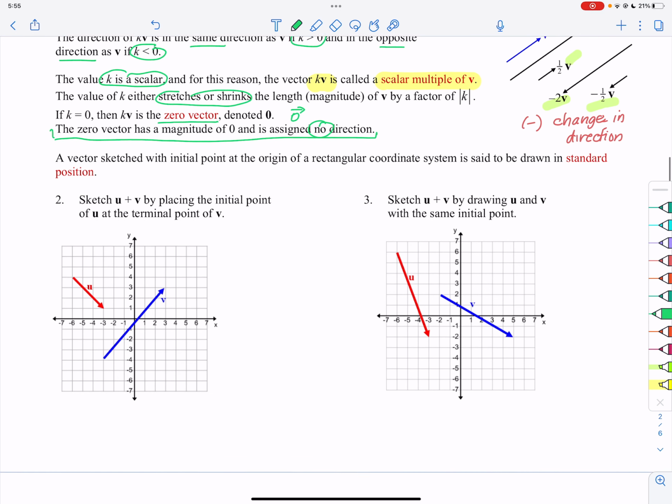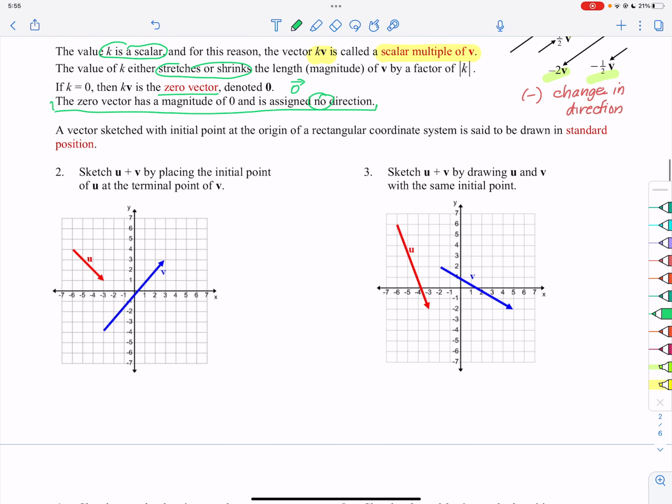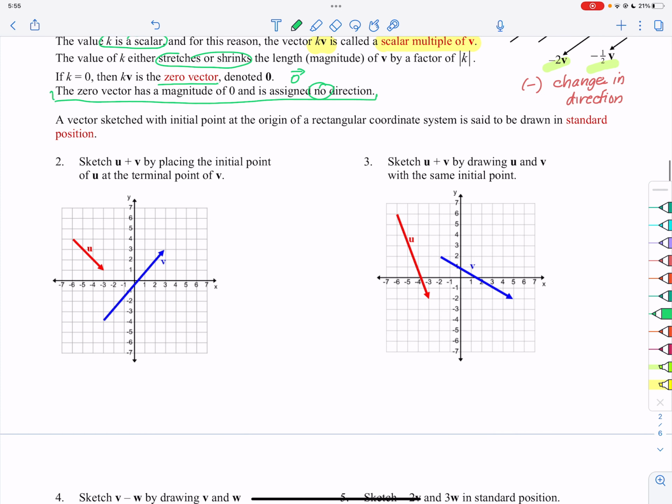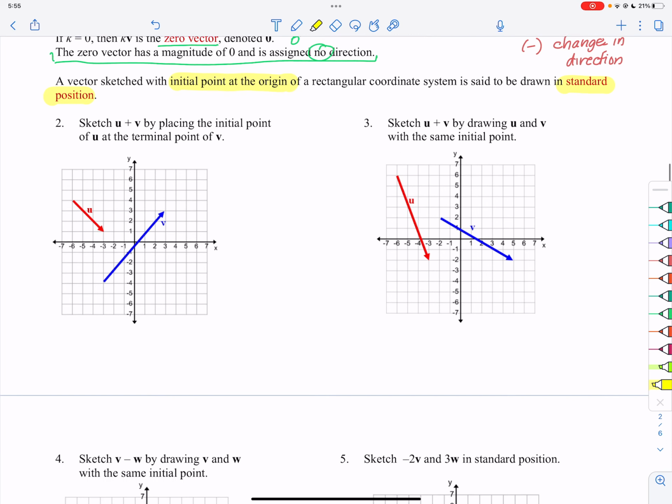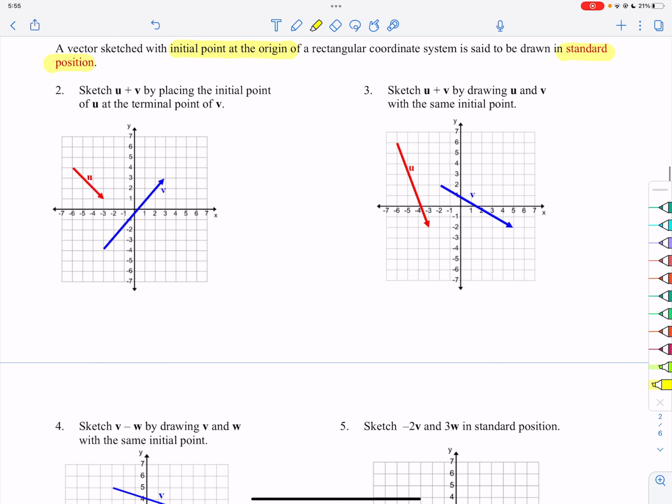So a vector sketched with initial point at the origin of a rectangular coordinate system is said to be drawn in standard position. So that's the initial point is at the origin. So we're going to sketch u plus v by placing the initial point of u at the terminal point of v. So let's do that.